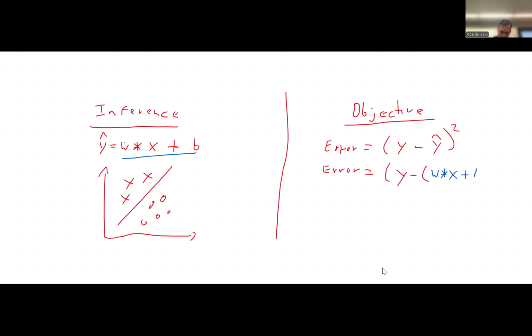My battery's low. Why is my battery low? Let's see. Oh, there we go.